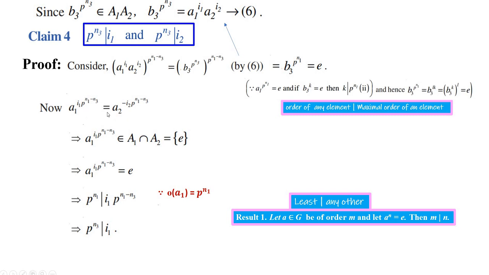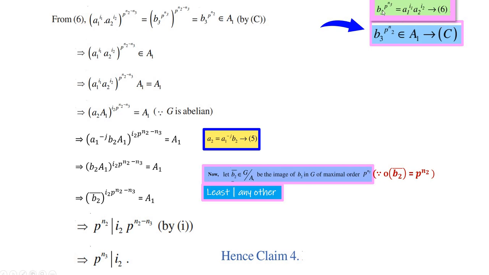And obviously this is a member of A1 and this is a member of A2. So directly it belongs to A1, and because of this it belongs to A2. And A1 intersection A2 is the singleton e, known. So a1 raised to this is the identity element, and again the same concept, the least must divide any other. The order of a1 is p raised to n1, and this is any other integer, so we must have this. This automatically implies that p^n3 divides I1.